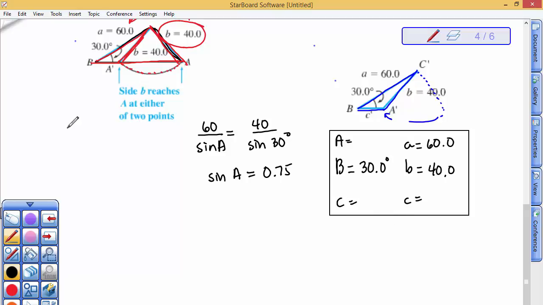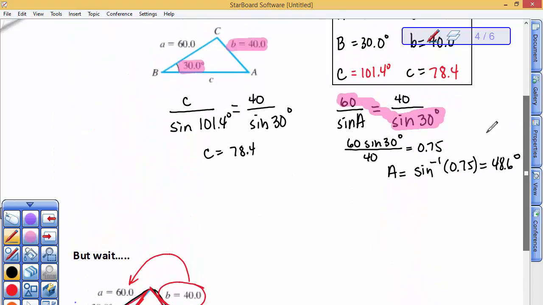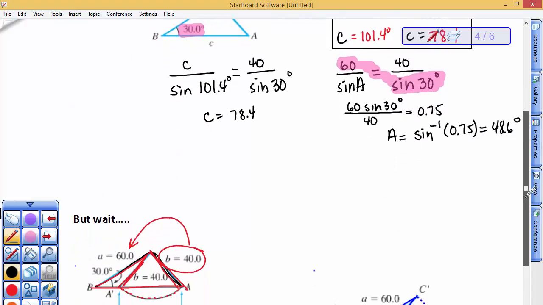Well, do you remember that all the trig functions are positive in the first quadrant, and that in the second quadrant, sine is also positive along with its reciprocal function, cosecant? So here, the sine of angle A is this positive number again, but angle A is something bigger than 90 degrees. So we found up here that angle A was 48.6 degrees.